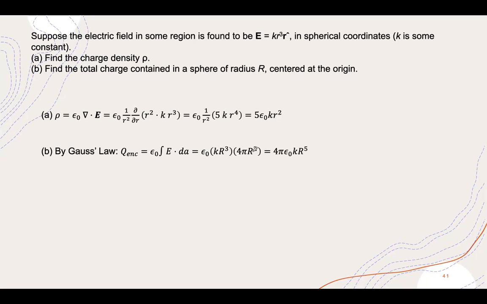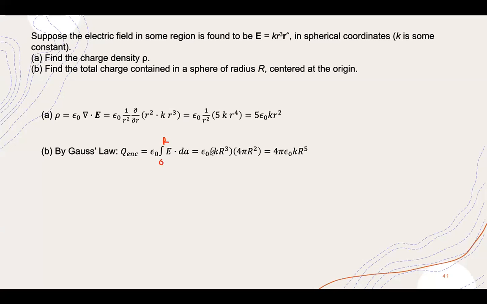And the electric field is given as kr cube, because the integral is going to be from 0 to r. Okay, so let me write it. So this is going from 0 to r. And therefore, you're going to get 4 pi r square as the surface area for the spherical symmetry.